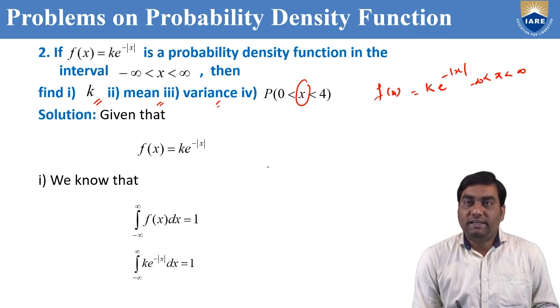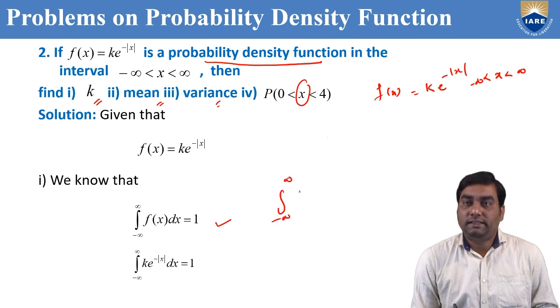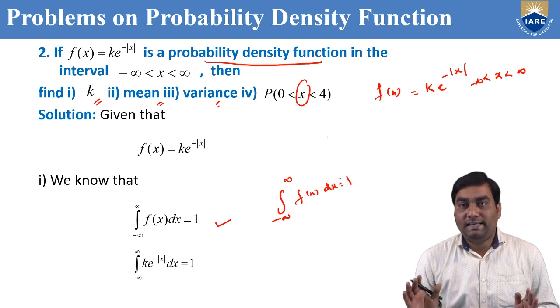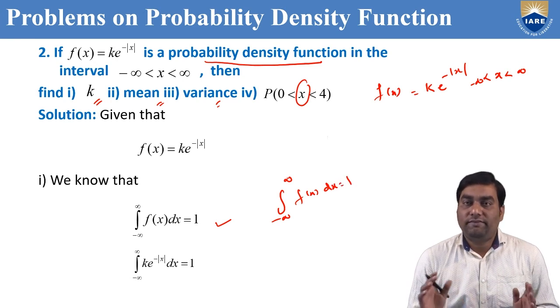And we know that it is a PDF; in the problem itself it is mentioned that it is a probability density function. That's why the property, integral from minus infinity to infinity of f of x dx equal to 1, applies. By using this property, we can find the value of k.